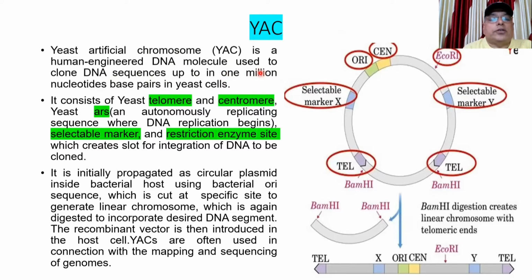As we have constructed a BAC, we can construct a YAC also by incorporating desired elements inside the yeast chromosome. But this chromosome is transformed into a linear chromosome. The bacterial artificial chromosome or the BAC was a circular chromosome.